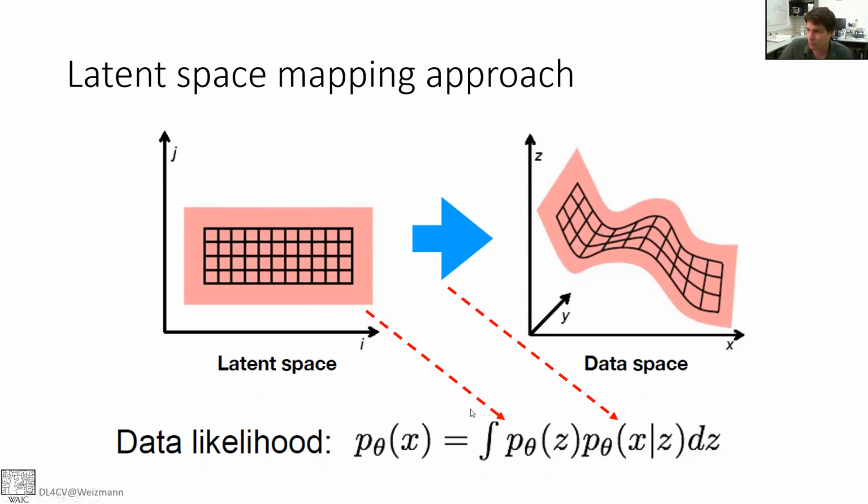So to sample, all you have to do is sample some instance here and then transform it here, and then you get some, say, image, or whatever type of data you're now trying to generate. Okay, so you're able to generate new data, but you're not able to say something smart about the distribution itself.